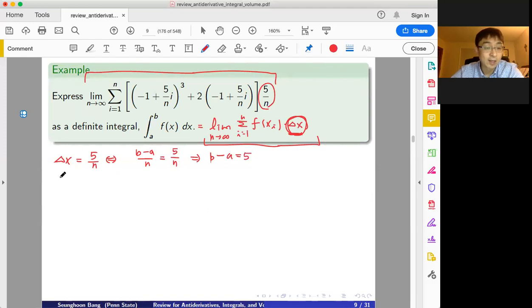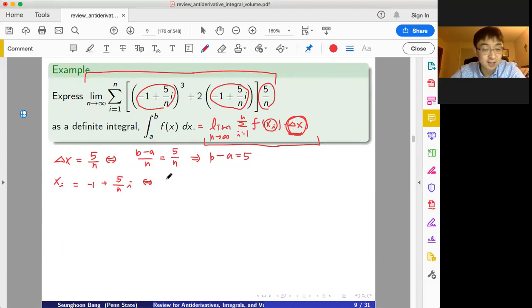Next, what is xi? Here, xi is this one: -1 plus 5 over n times i. This is xi. What's the definition of xi?